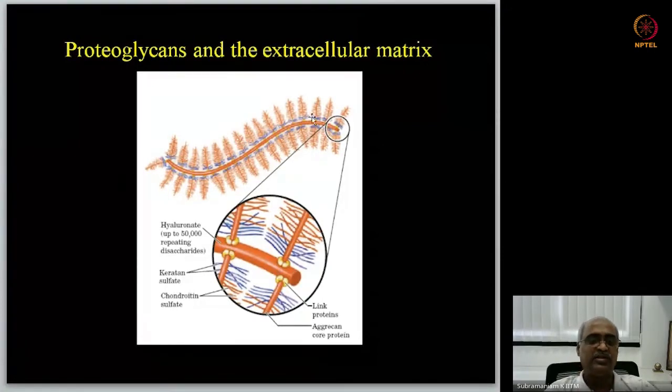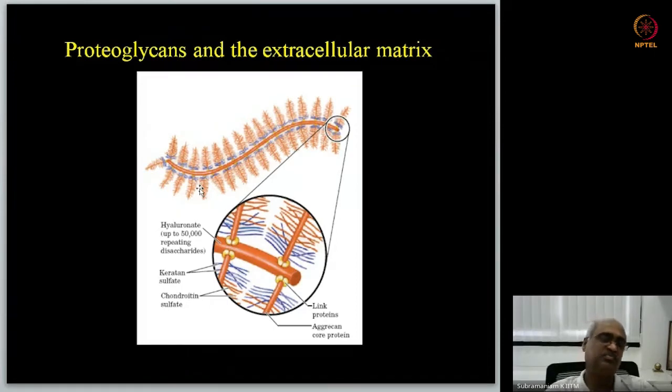And such long structures are a very integral component of the extracellular matrix, providing the structural characteristics of the extracellular matrix. So make sure you remember this structure. So this is how the bird's eye view of the big structure looks.